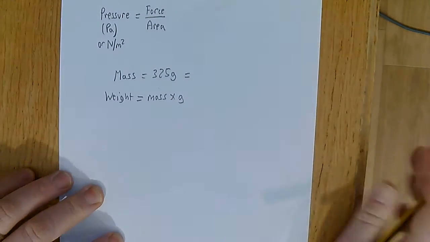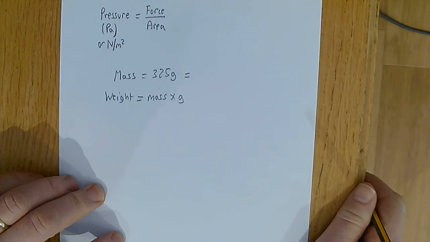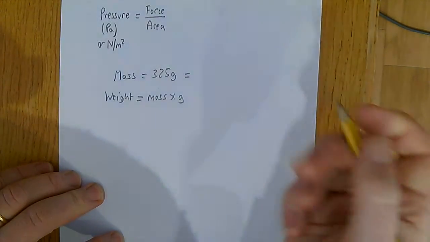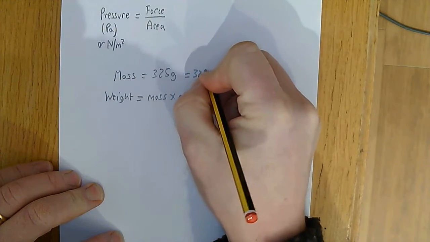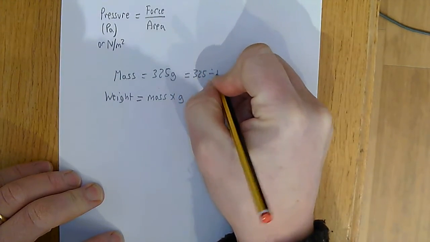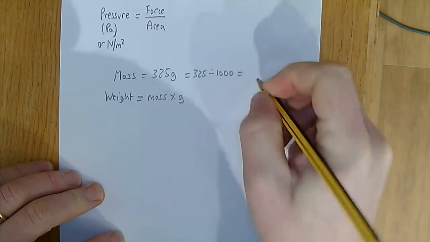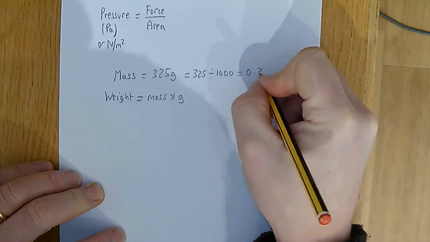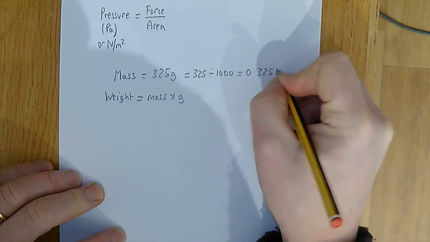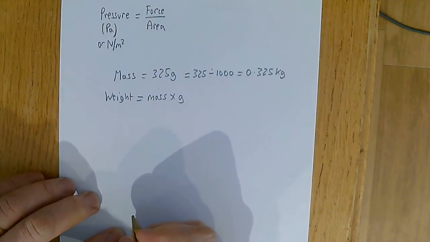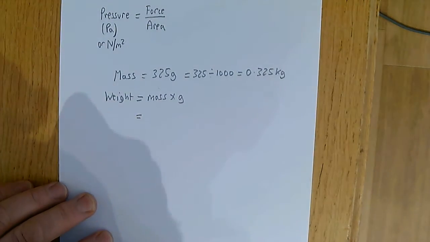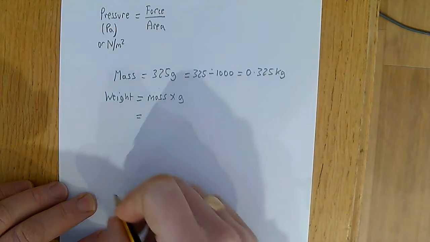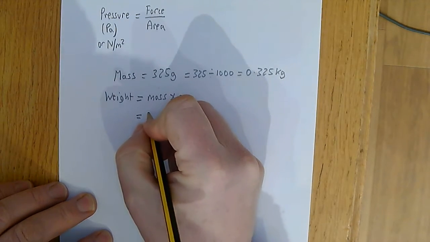So we had 325 grams here, and there are 1,000 grams in a kilogram, so to change our mass into kilograms we need to divide by 1,000 to get 0.325 kilograms.